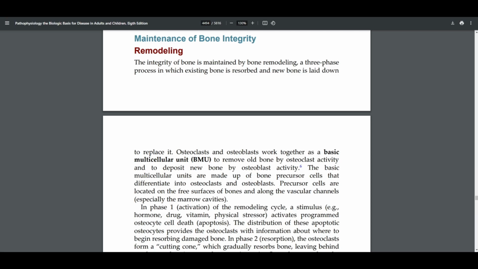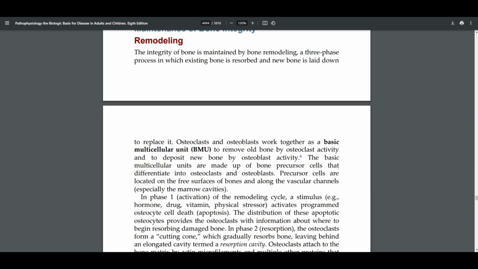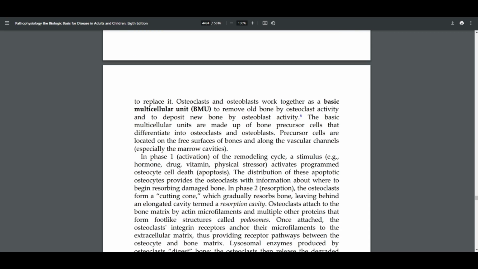So, maintenance of bone integrity is done via remodeling. The integrity of bone is maintained by bone remodeling, a three-phase process in which existing bone is resorbed and new bone is laid down to replace it.